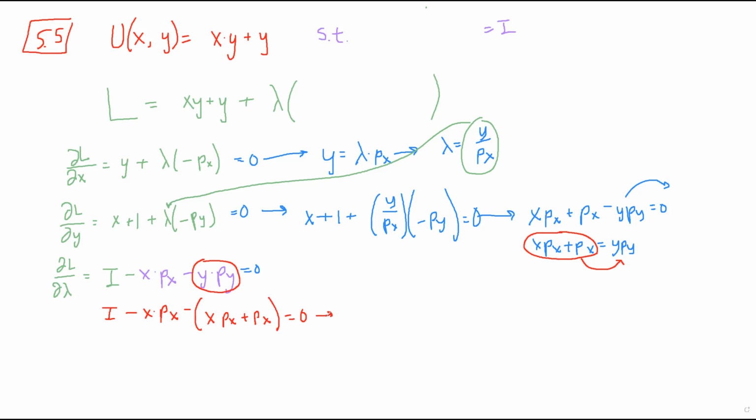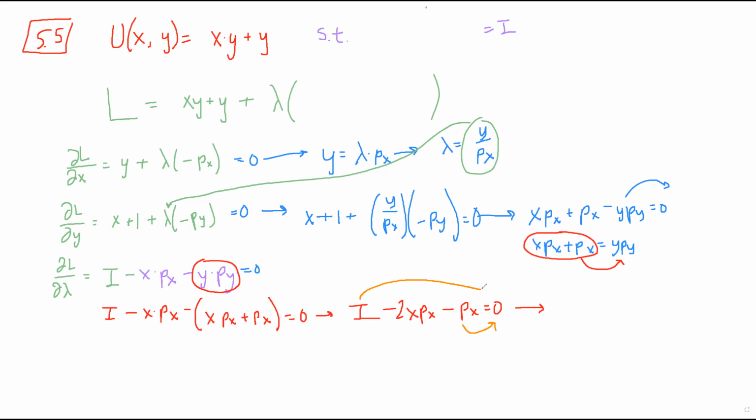And I'm going to solve for x. I get I minus, actually it ends up being 2xpx minus px equals 0.